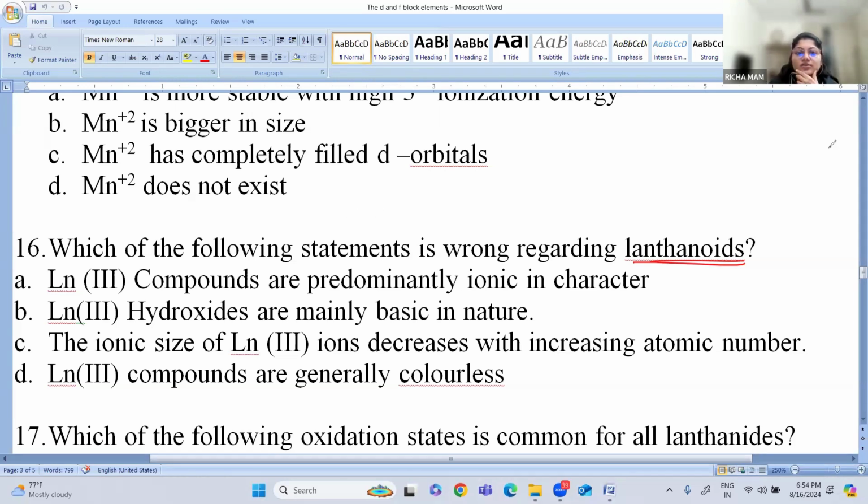Which is wrong? Sri Varuni has answered B, Sanjuta has answered C, and Akila has answered D.